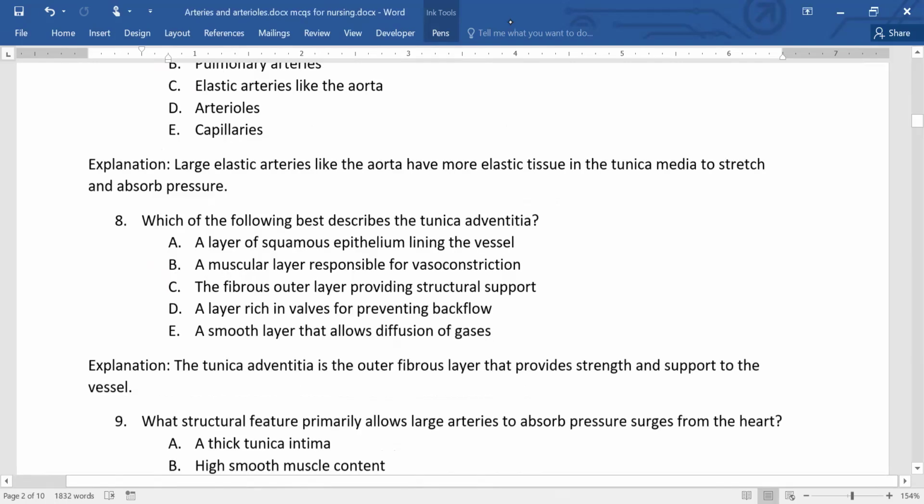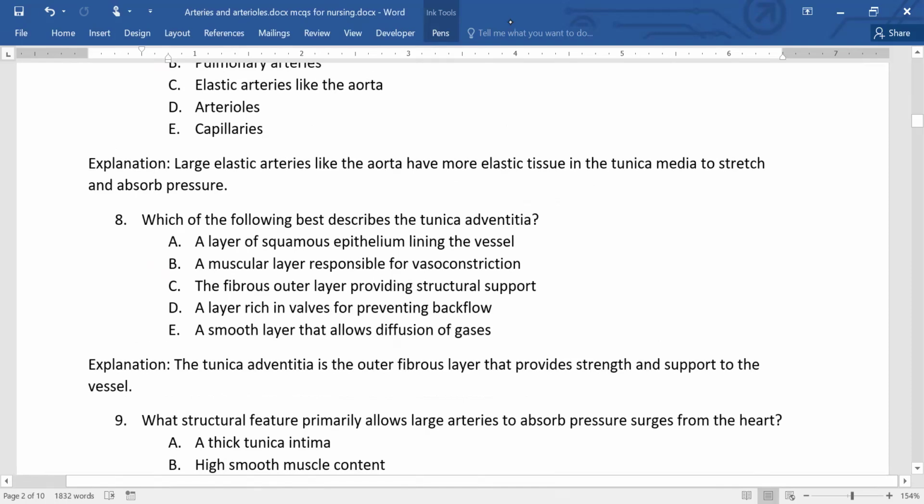Which of the following best describes the tunica adventitia? A layer of squamous epithelium lining the vessel, a muscular layer responsible for vasoconstriction, a fibrous outer layer providing structural support, a layer rich in valves for preventing backflow, and a smooth layer that allows diffusion of gases.